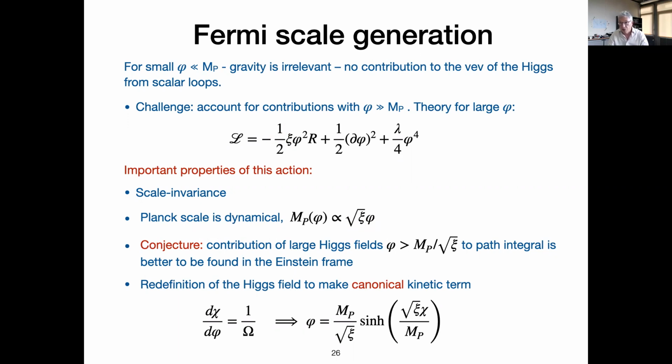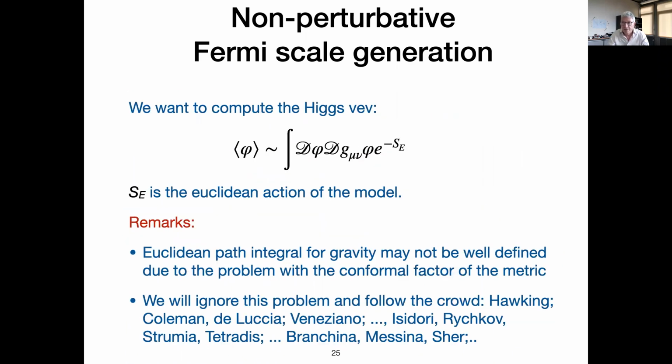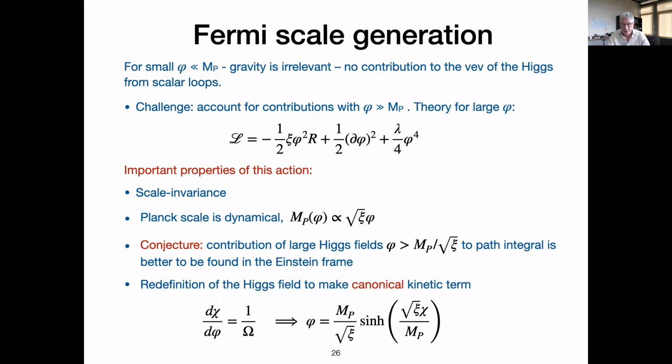The conjecture here, which can be checked a posteriori, is that if phi is greater than M Planck over square root of xi, the path integral is better formulated in the Einstein frame. The connection between these two frames is the following: you make a conformal transformation which puts the phi-dependent Planck scale into a form which doesn't depend on the scalar field.